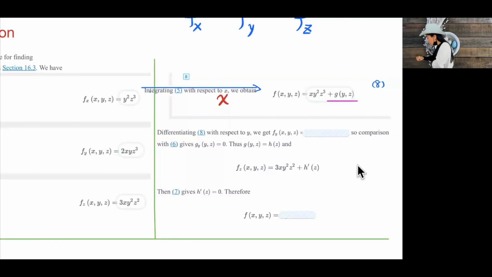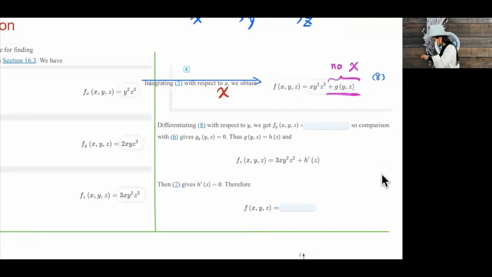This one here has no x, so this is the constant that you add when you take the antiderivative. You add a function that has no x in it, like a constant function with respect to x. So it's a function that depends only on y and z. You find the antiderivative of this with respect to x, which is this, and then you add a constant function with respect to x. So it's g of y and z.